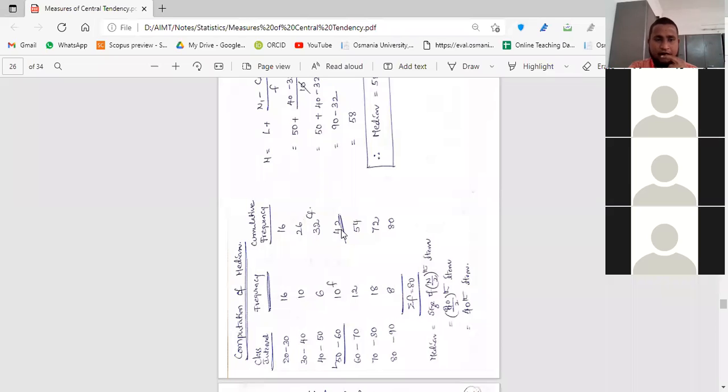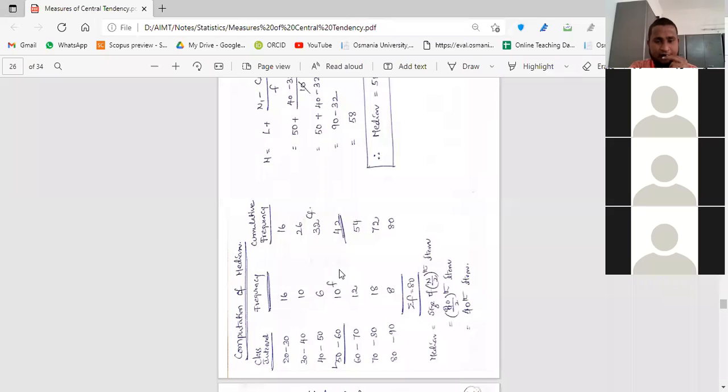The value corresponding to 42 is the class interval 50 and 60. This is treated as the median class. The corresponding value is the frequency, which is already given in the problem. So 42 is the cumulative frequency.